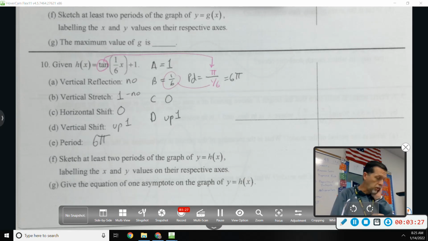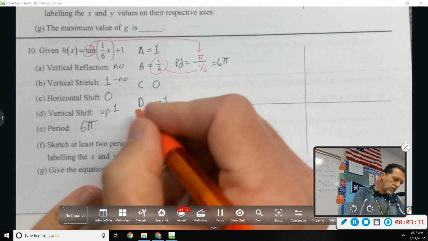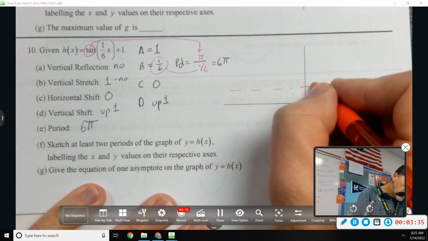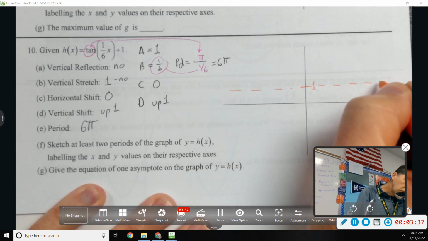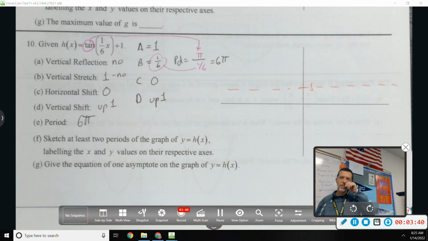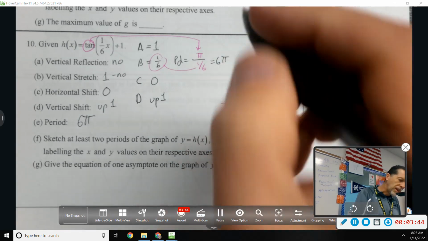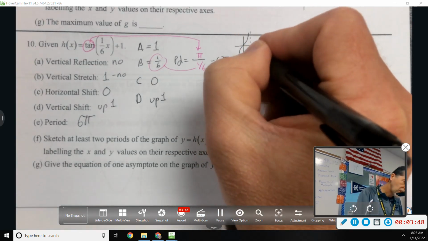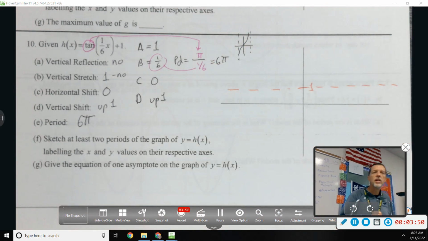Okay, so now we use them in reverse order. A, B, C, D, D, C, B, A. So D is up 1. So I'll go up 1. There's my new midline for my graph. You know what I should have done at the very beginning is sketch a parent function of tangent, just to get that in my brain so I know that my graph better look something like that.